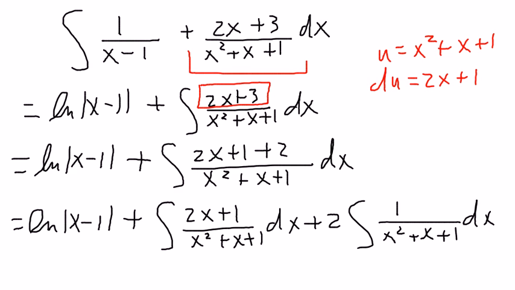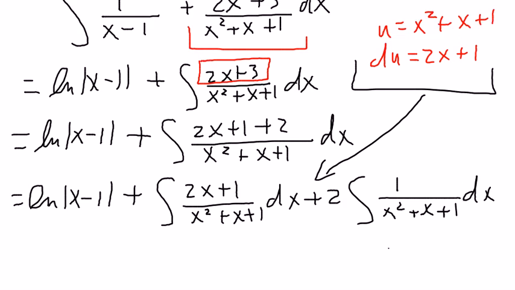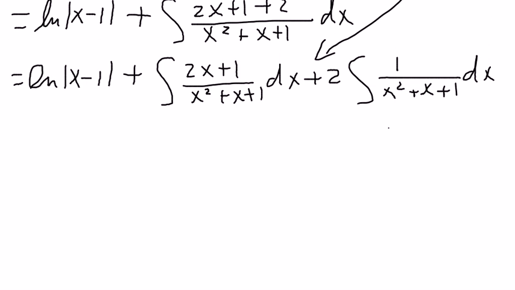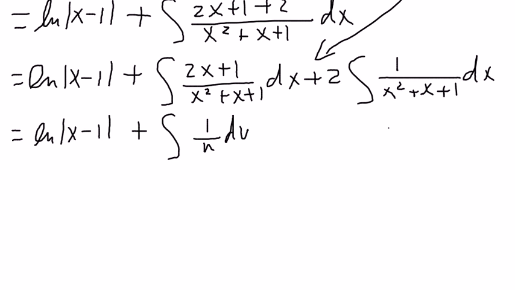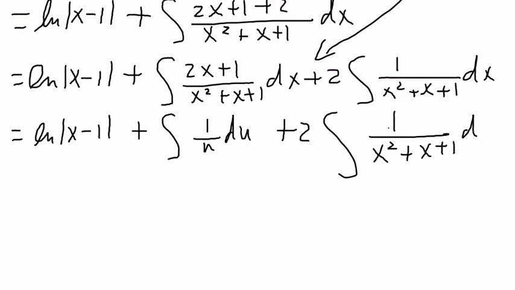And so with this u sub here, we can use it on that middle integral. You'll get this is equal to the natural log of the absolute value of x minus 1 plus the integral of 1 over u du, okay, plus 2 integral of 1 over x squared plus x plus 1 dx.